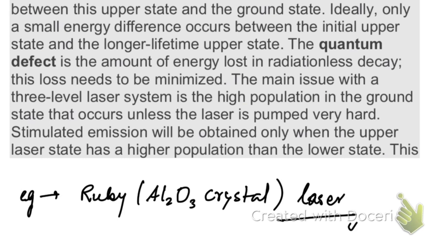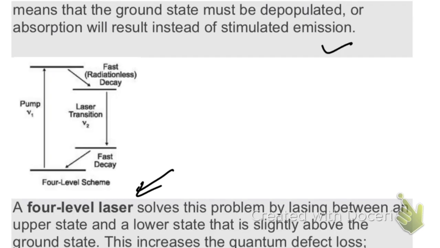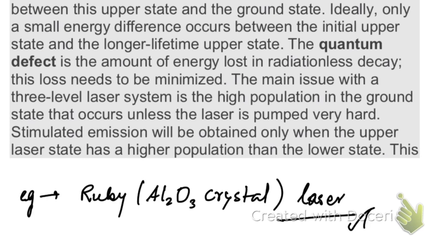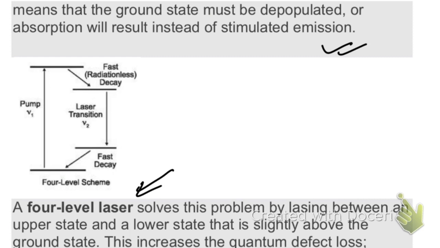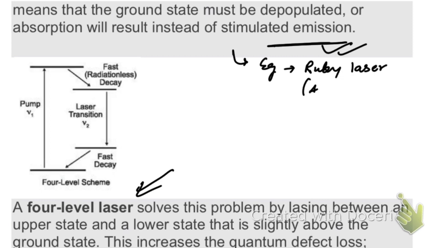Write this example after writing this part. So this should be written here. Sorry. After completing this portion, you should write the example of a 3-level laser, that is the ruby laser, Al2O3 crystal.